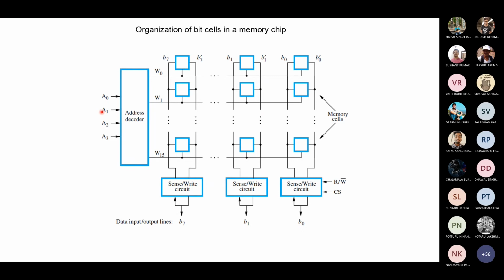It is a memory which looks like this. 16x8, it takes address A0 to A3 and provides D0 to D7, and read write bar, and there is a chip select.